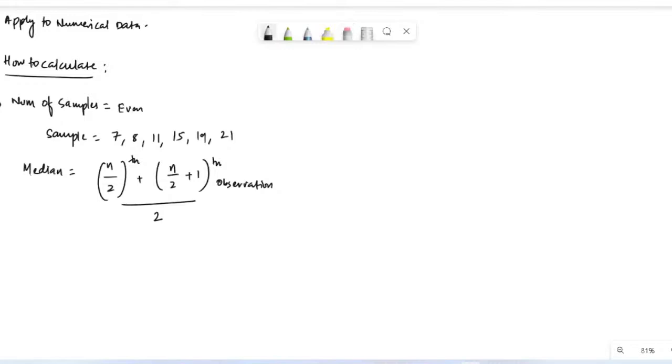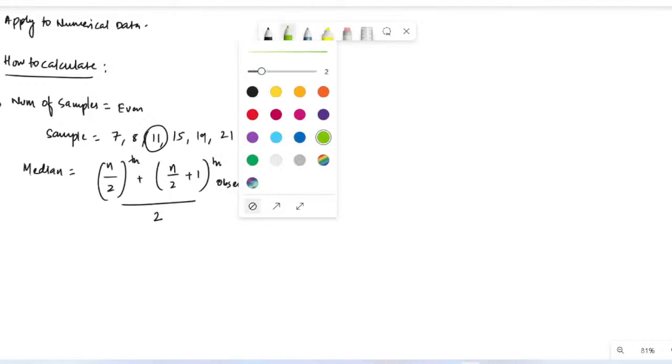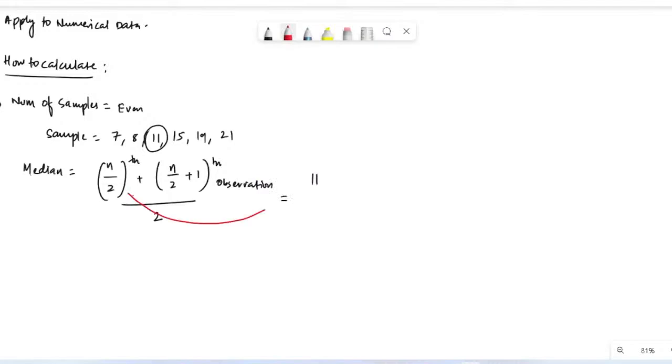What is the n by 2th observation? The total number of samples is 6, divided by 2, so the n by 2th observation is the third observation. What is the third observation here? It is 11.